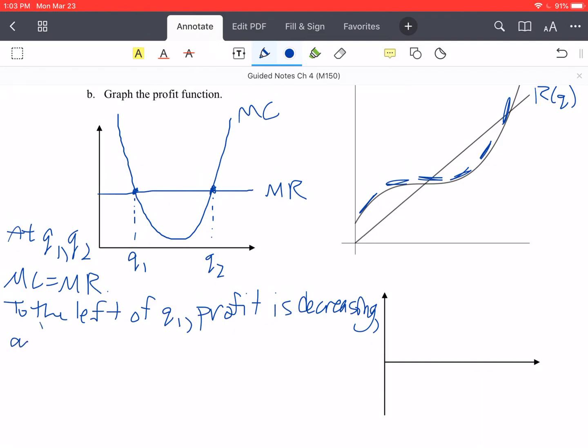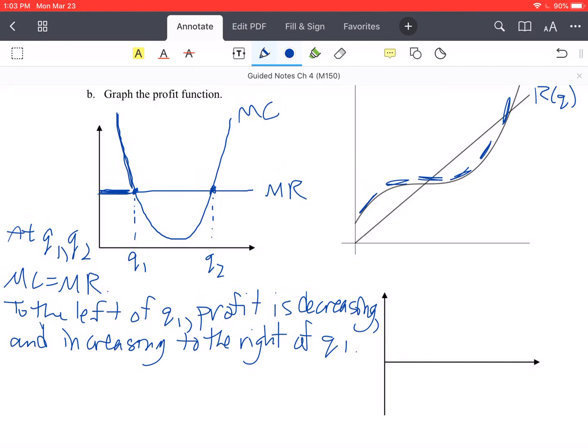And increasing to the right of Q1. Right? So think about it. Right? Marginal cost to the left of Q1, marginal cost is larger than marginal revenue. So that means profit is dropping.